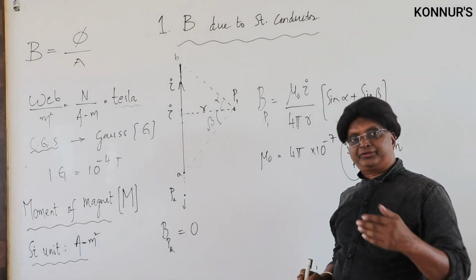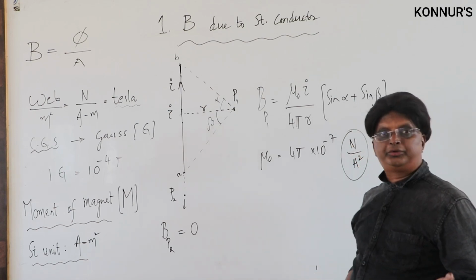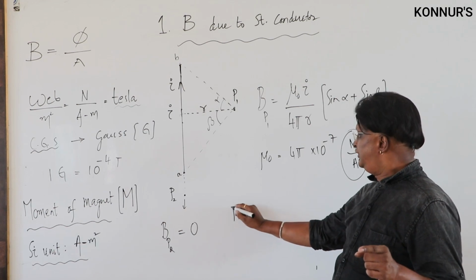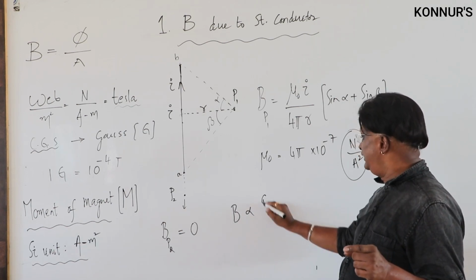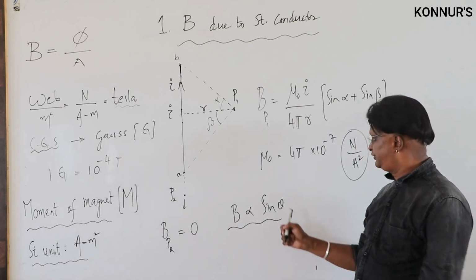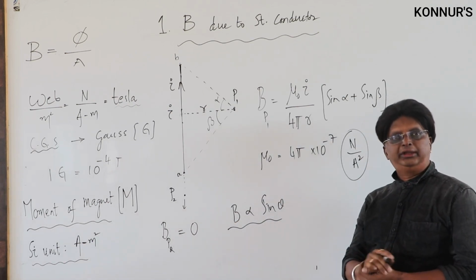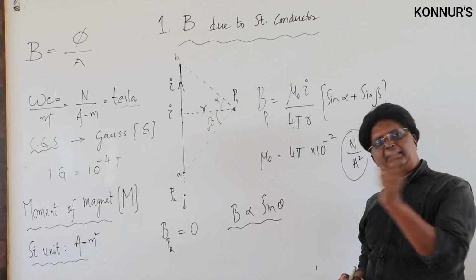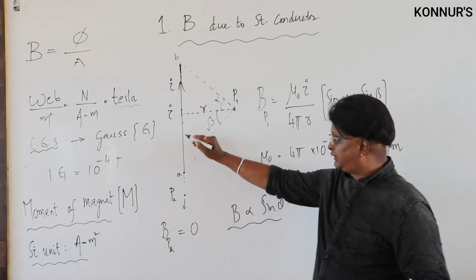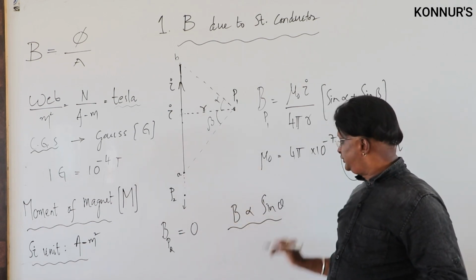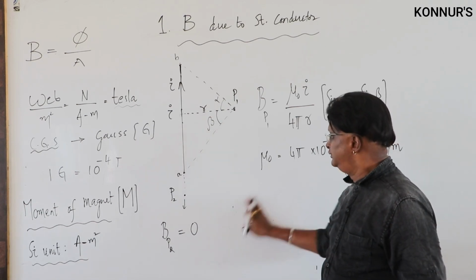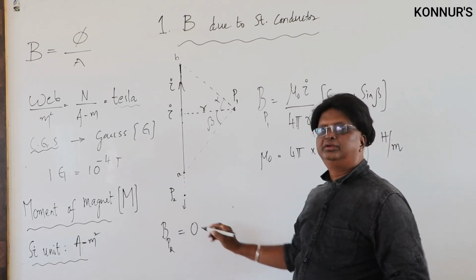It can also be asked as an assertion reasoning question in some competitive examinations, and the reason is that according to Biot-Savart's law, B is proportional to sine theta, where theta is the angle between the current element and the radius vector which joins the element and the point of observation. Now for a point which is along the conductor, theta will be 0 and hence sin 0 is 0. For that reason, B at P2 is 0.